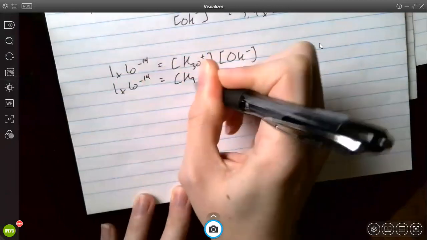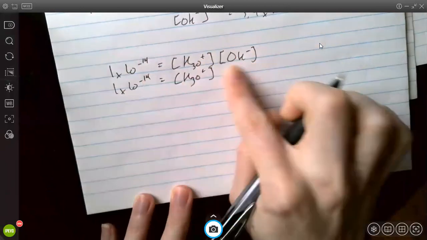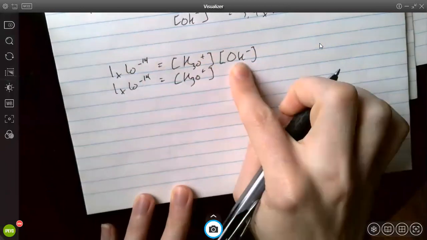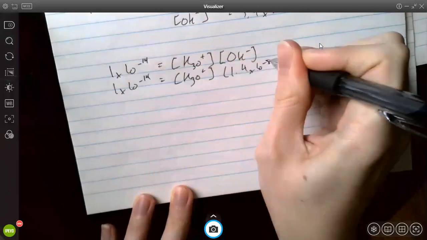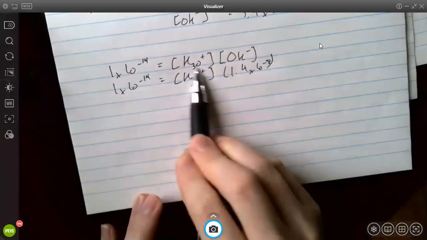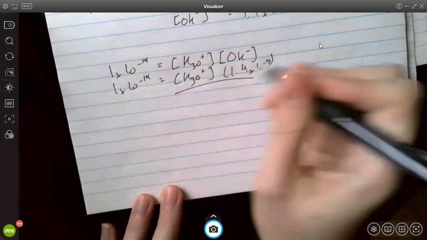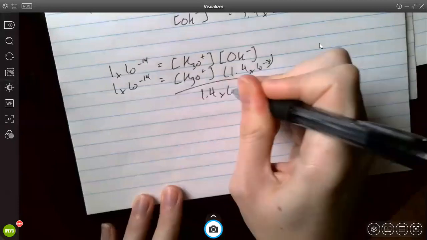And then we plug in the concentration of hydroxide ions that we were given in the question, which is 1.4 times 10 to the negative 8. And then to solve for the concentration of hydronium ions, we divide by 1.4 times 10 to the negative 8.